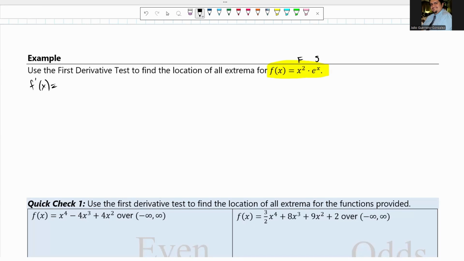First prime is 2x. Second prime is e to the x. So we're off to the races. My derivative is going to be the first times the derivative of the second, so x squared e to the x, plus the second times the derivative of the first, 2x e to the x.